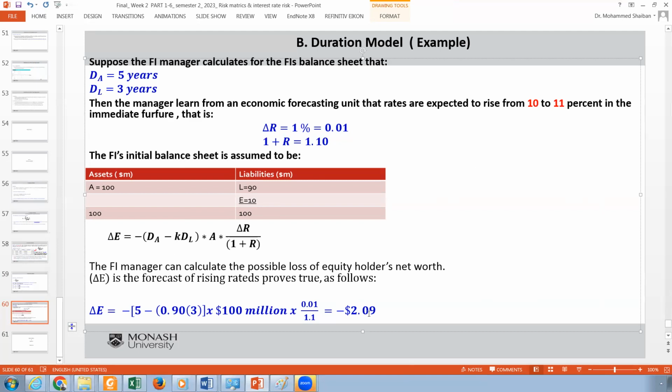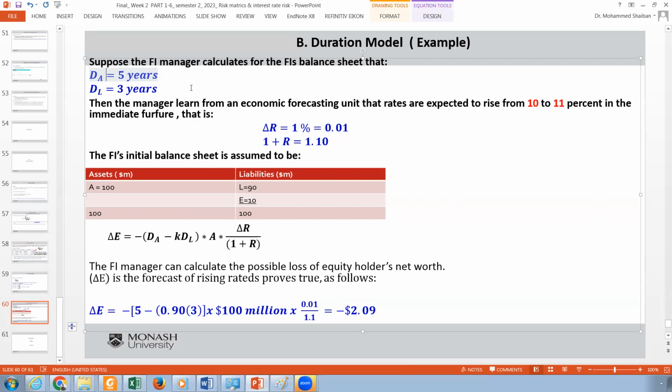The equity has dropped. What does it mean? It means when I have a duration of assets more than the duration of the liabilities, if the interest rate increases, there will be a drop in my asset values and also a drop in my liability values.